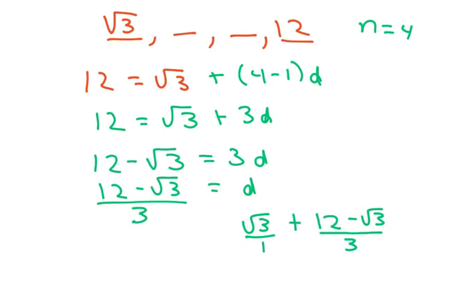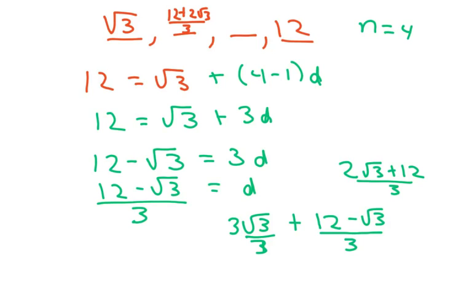So I'm going to write this as 3 over 3. So when you do that, you're going to get 2 square root of 3 plus 12 over 3. So that's going to be this term, or you can put the 12 first if you want. 12 plus 2 square root of 3 over 3.